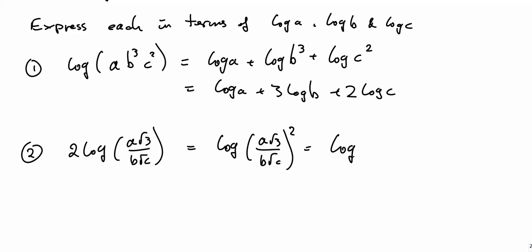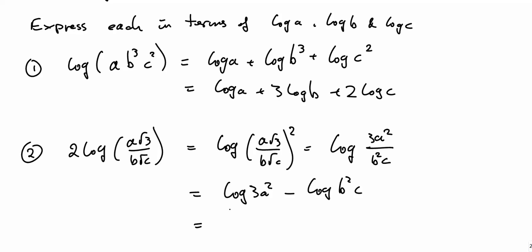And if we square those, that would be a squared times root 3 squared, which is 3, and we've got b squared times root c squared, which is c. By the subtraction rule, this would be log of 3a squared minus log of b squared c.